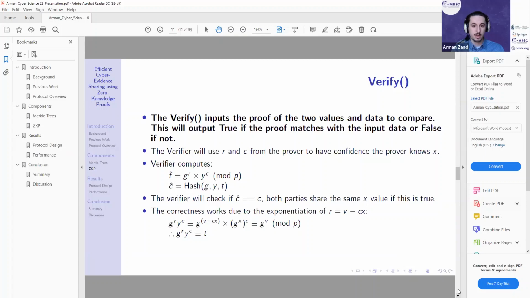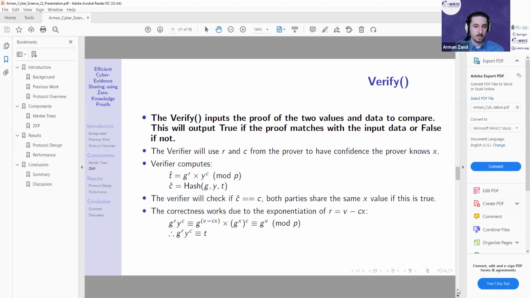So this R and C value that we just mentioned is also an input with the input data. And the verifier will compute his own hat T and hat C value and compare if that was the same as the C value that he's received from the prover.